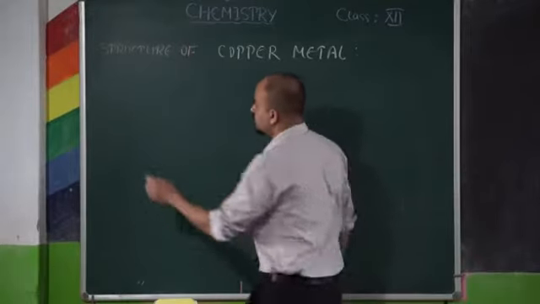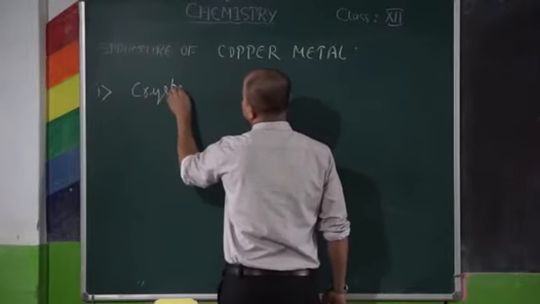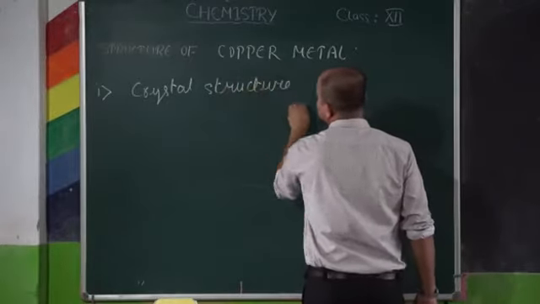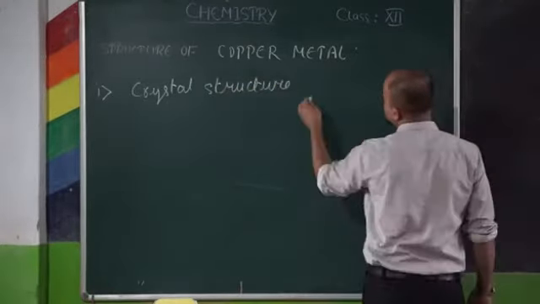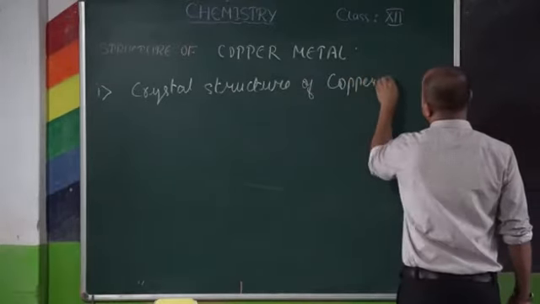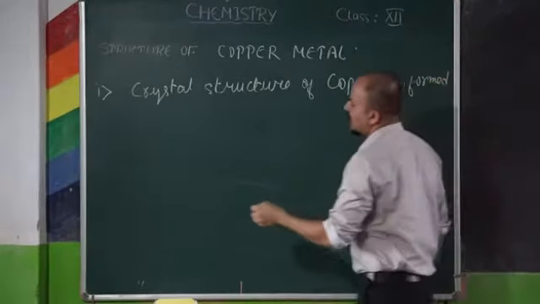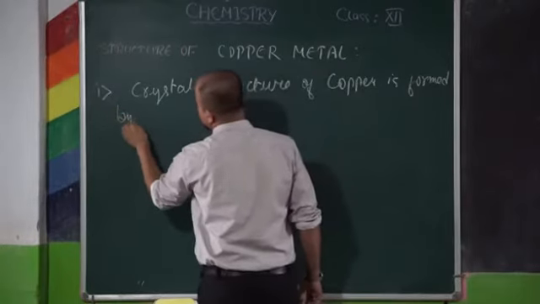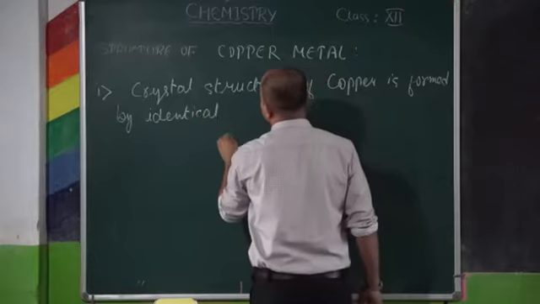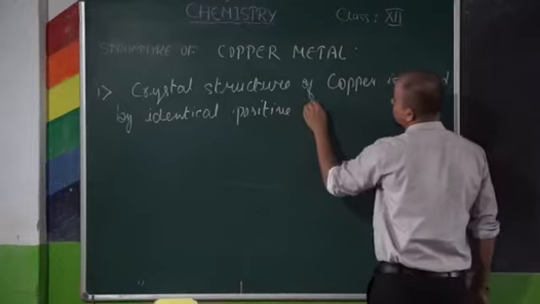So, number one point is the crystal structure of copper is formed by identical positive ions.